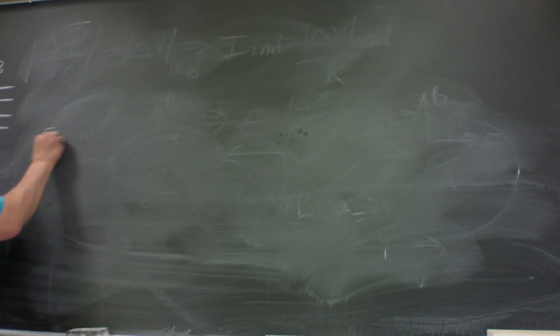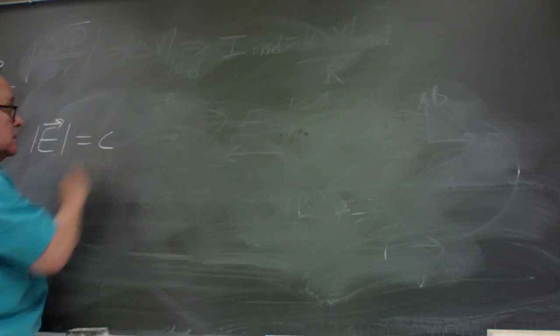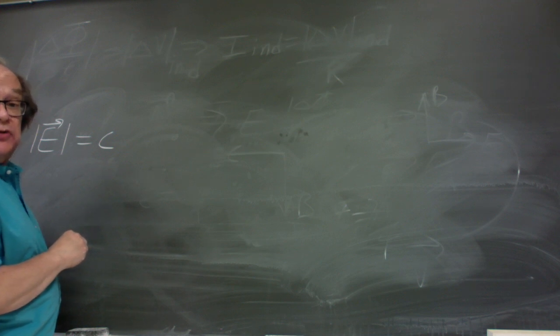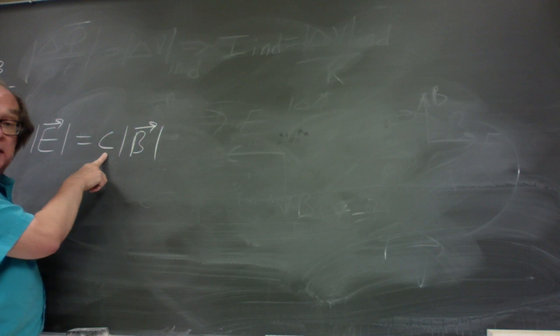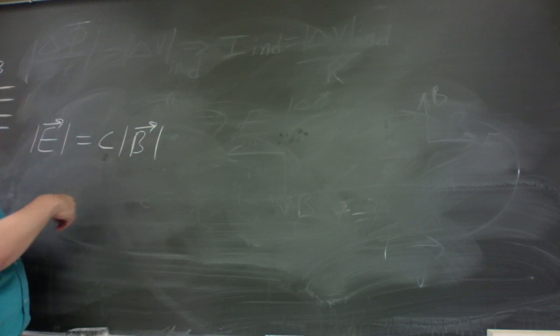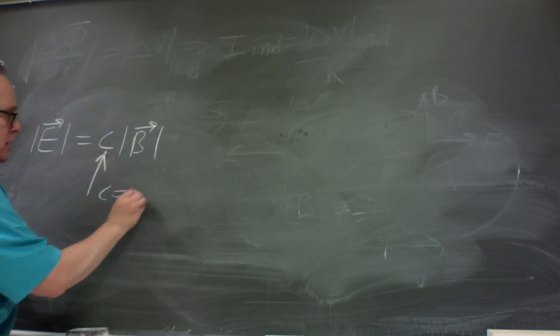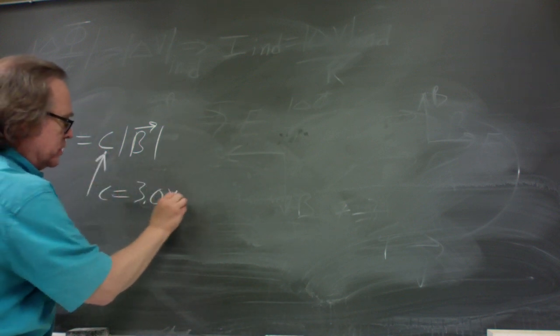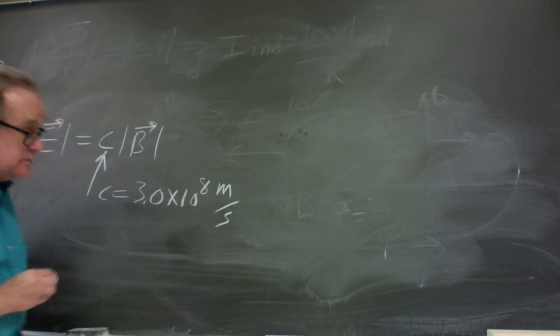The magnitude of an electric field at any moment in time is always proportional to the magnitude of the magnetic field. And this proportionality constant is just the speed of an electromagnetic wave, also known as the speed of light, since light is an electromagnetic wave. And the number we use is 3.0 times 10 to the 8th meters per second.